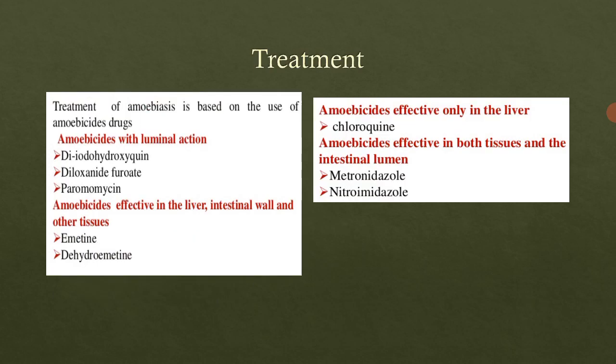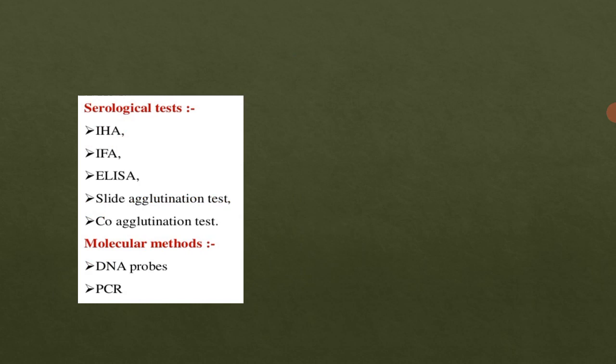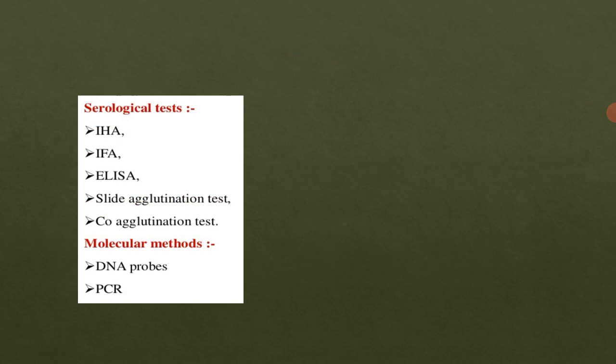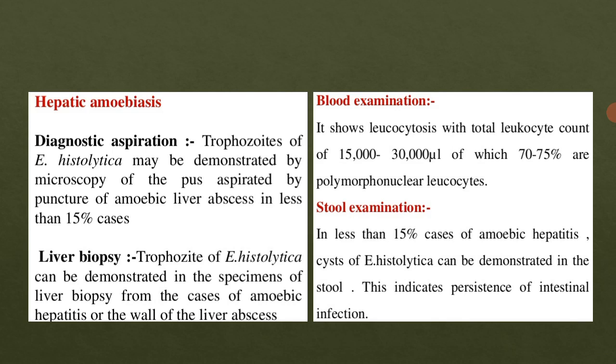The next molecular test that we can use is the PCR. This is the laboratory diagnosis. The importance is that we have to do two examinations, blood examination and stool examination. In the blood examination the leukocyte count will be low. In the stool examination, the presence of cysts will be observed.